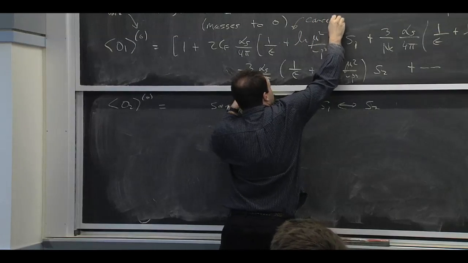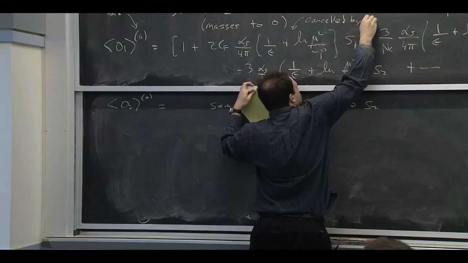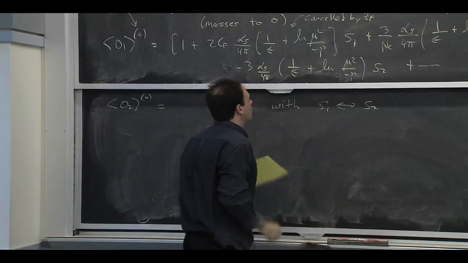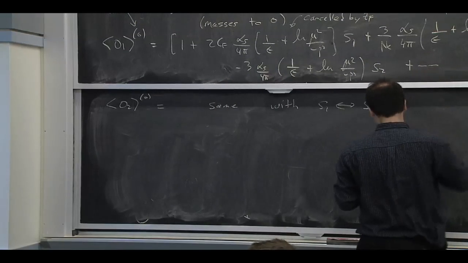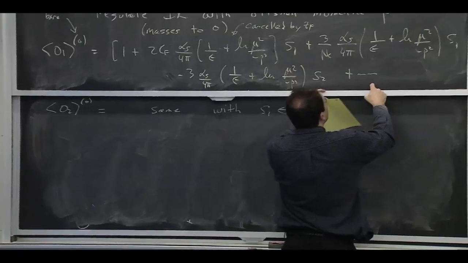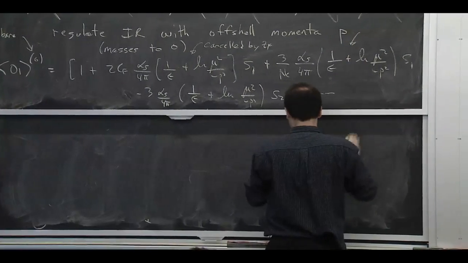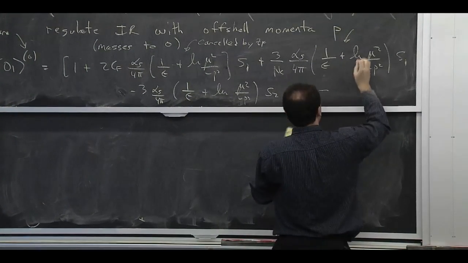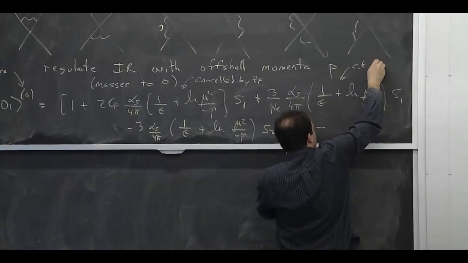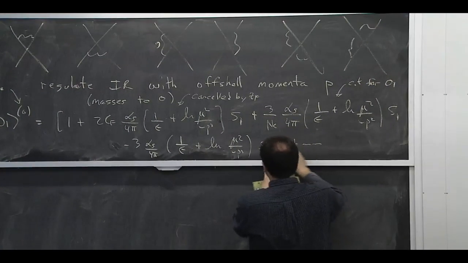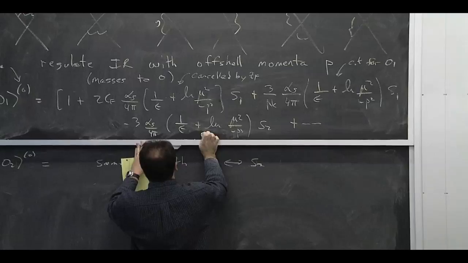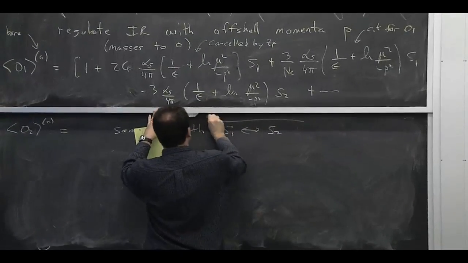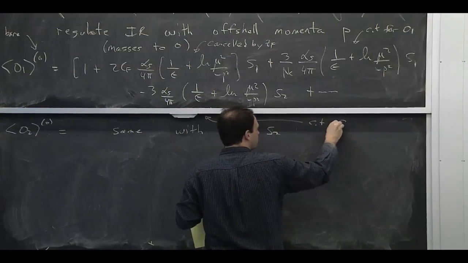which I haven't put in yet. And this one here is O1 mixing into O1. So this one here is a counter term, if you like, for O1. And this one here is a counter term for O2.